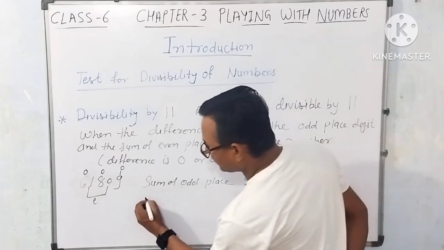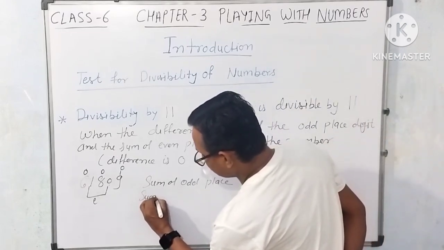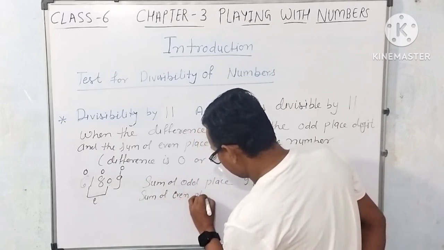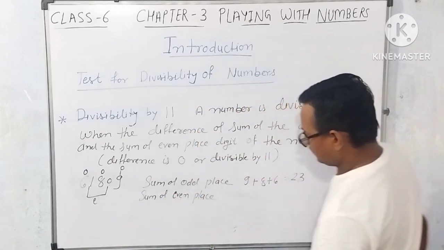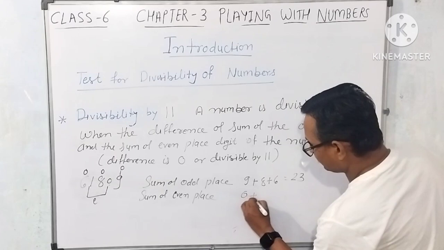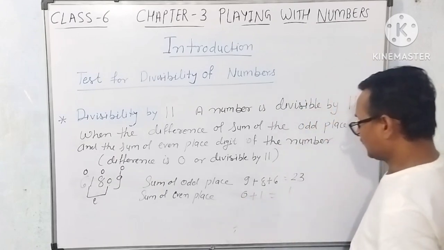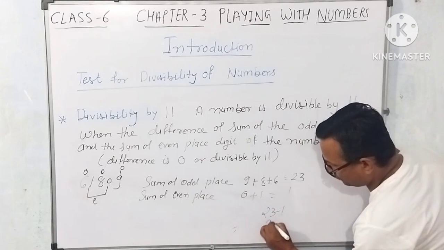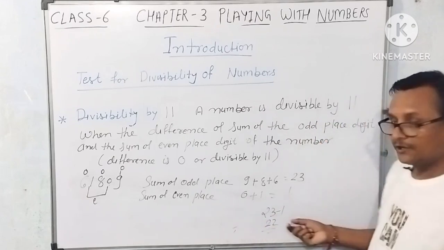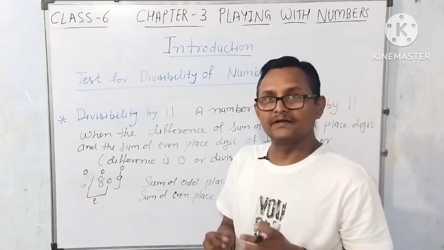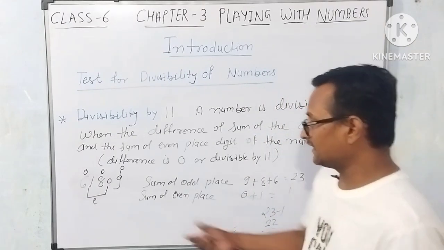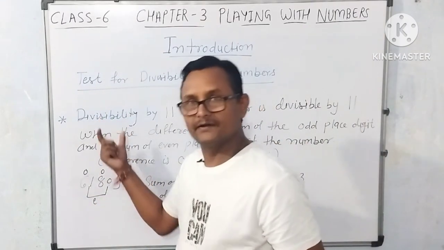Now the sum of the even places: 0 plus 1 equal to 1. Now the difference is 23 minus 1 equal to 22. And friends, 22 is a multiple of 11, or 22 is divisible by 11. So we can say this number is divisible by 11.